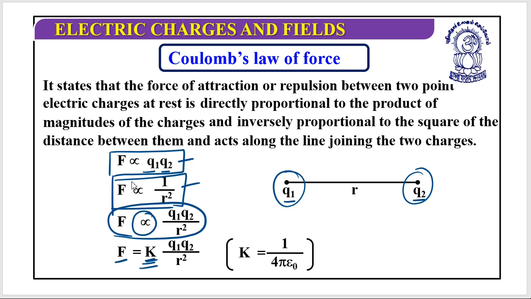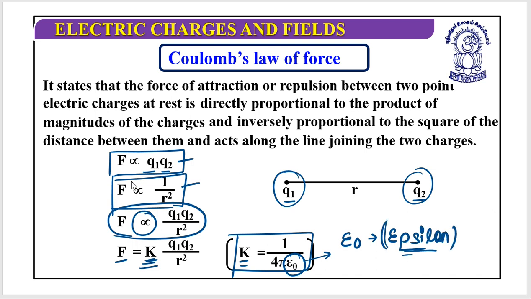So F is equal to k multiplied by q1 into q2 divided by r squared. Now the value of k is 1 upon 4 pi epsilon naught. This symbol we pronounce as epsilon. Do remember this.